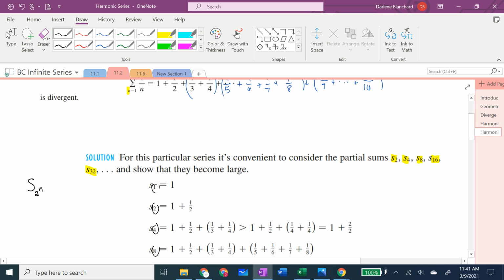Something super cool happens. And whoever noticed this pattern must have just been absolutely elated when they saw this. So what I want you to see first of all with S sub 4. 1/3 is greater than 1/4.